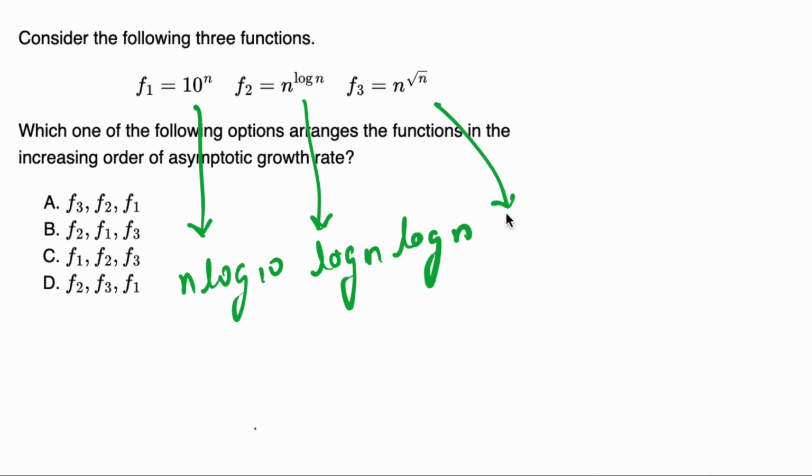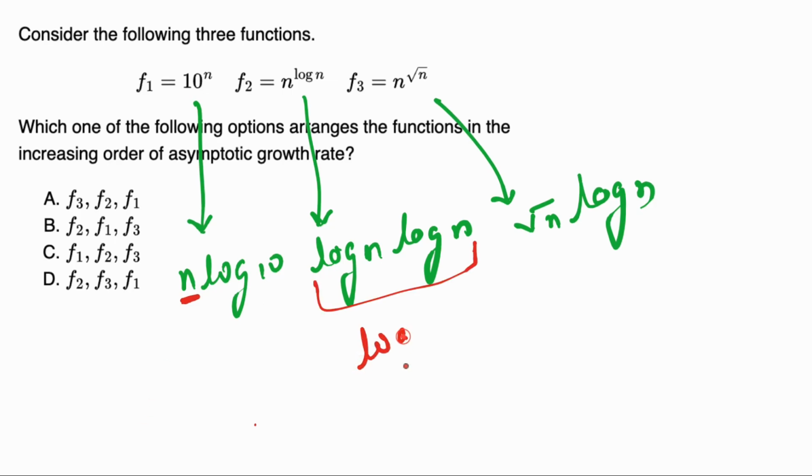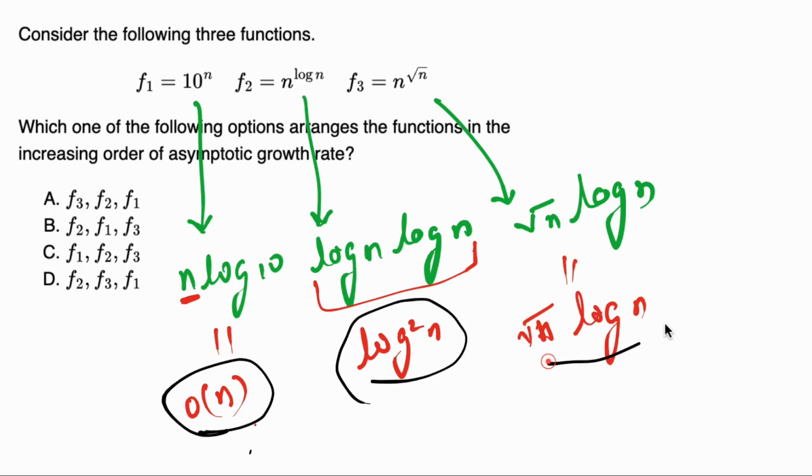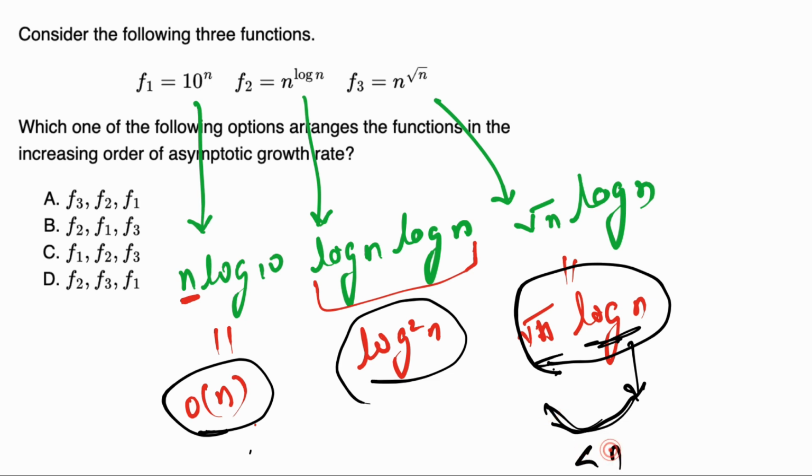And the log of the third is square root of n into log n. Clearly, the first is a linear function, the second is log square n, which is less than order of n, and the third is a linear-log function where square root of n is multiplied with log n. Clearly, log n is less than square root of n, so the multiplication will be less than square root of n into square root of n, which is essentially n. So you will come up with the same conclusion.